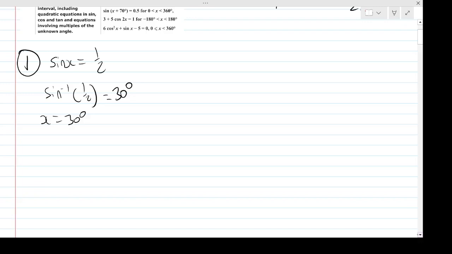Let's have a look. So the common strategy then is to draw the sine graph, right? So say we have 360 here. We're going to consider the sine graph then, right? Now, we want to solve sine x is a half, which means obviously the top up here is 1, so a half would be there, right?